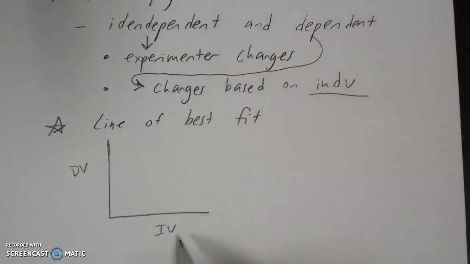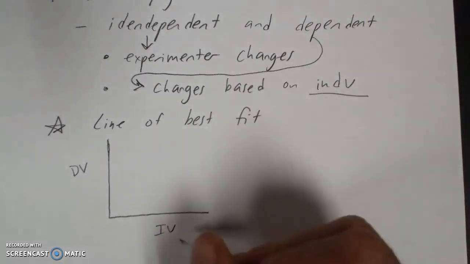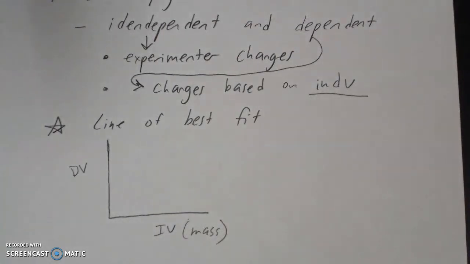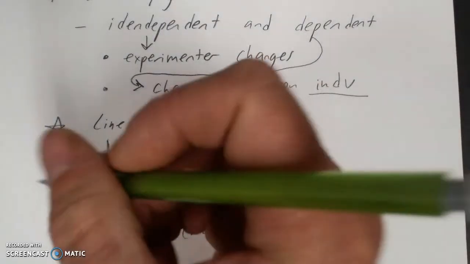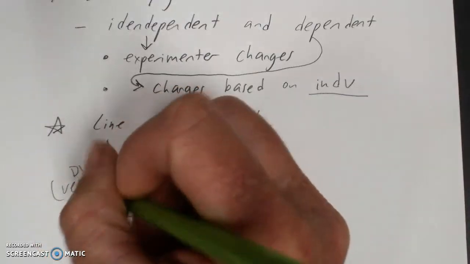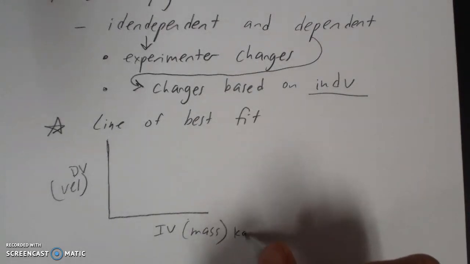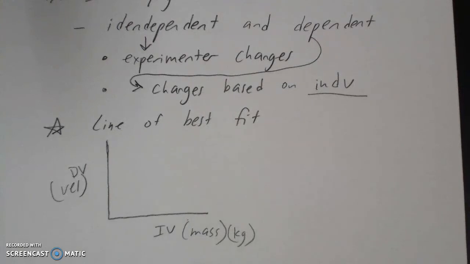A lot of times time would be your independent and go on your x-axis. But let's say my independent variable in this case is mass, and my dependent variable might be velocity. Make sure with graphing that you identify the title and units, so I'd have to say mass in kilograms as well.